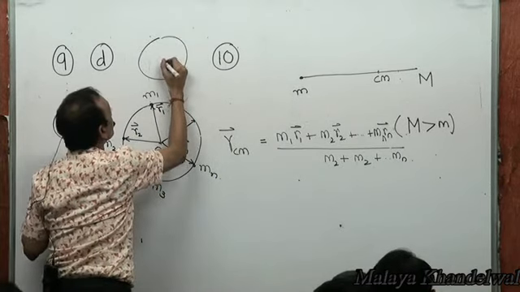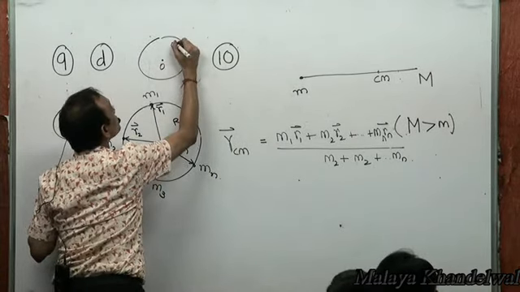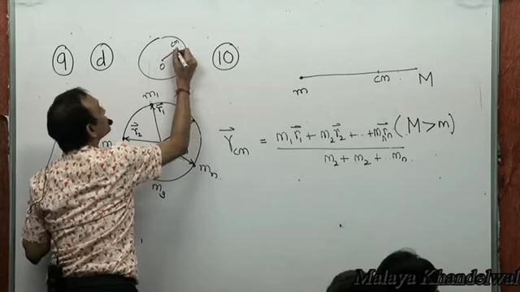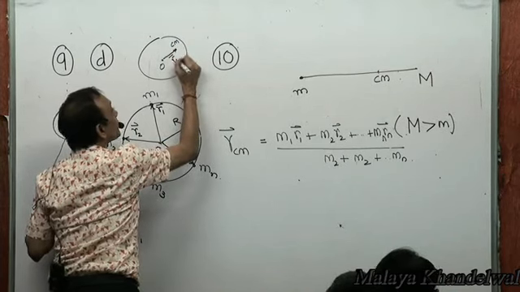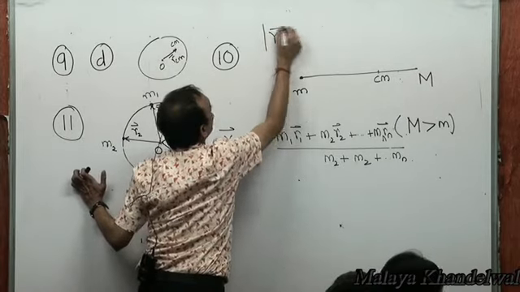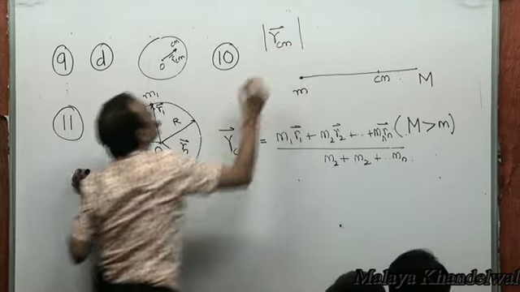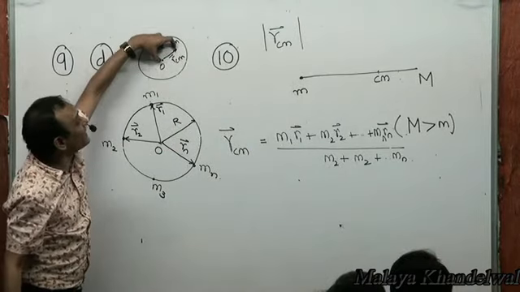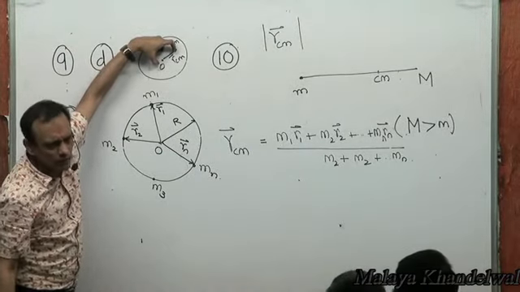If this is O and if this is the center of mass, then this is the position vector of the center of mass. What I need is its distance from the origin. That means I need the magnitude of the position vector of the center of mass. This length is mod of RCM, yes or no?